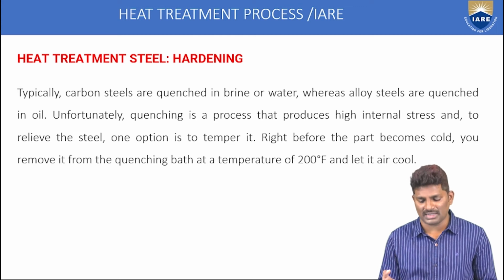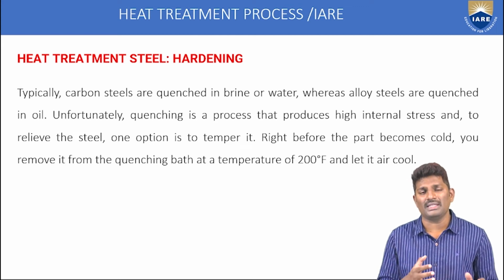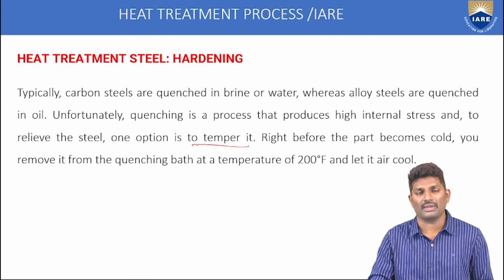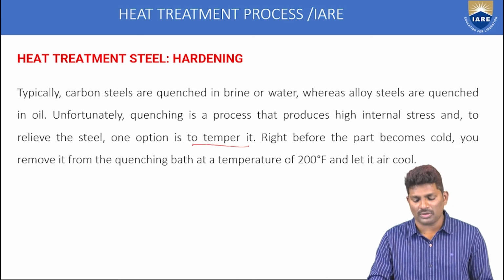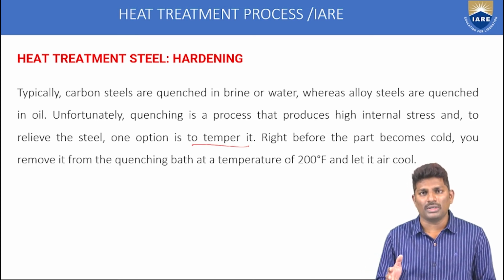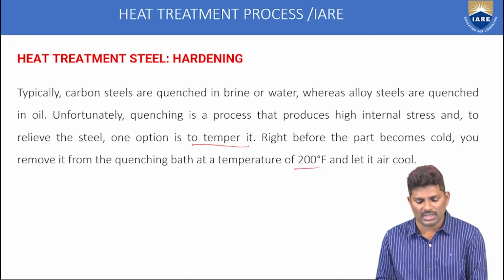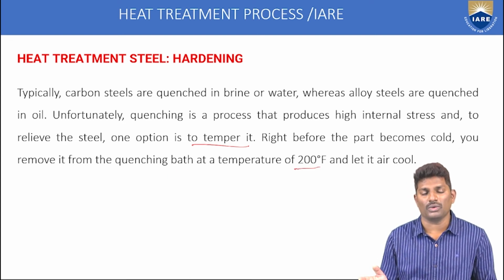These internal stresses can be removed or absorbed by using tempering. This is another method we follow in order to reduce the internal stresses developed during hardening of the material. Right before the part becomes cool, you have to remove it from the quenching at a temperature of 200 degrees Fahrenheit and let it cool in air.